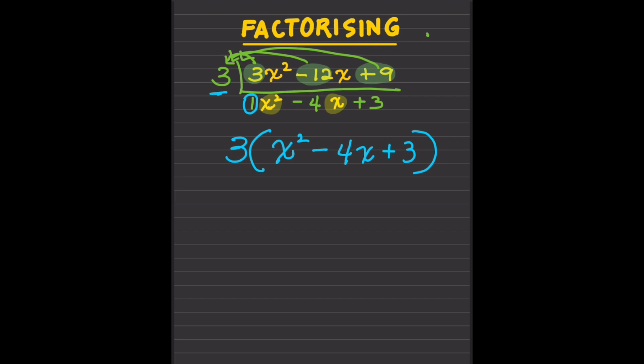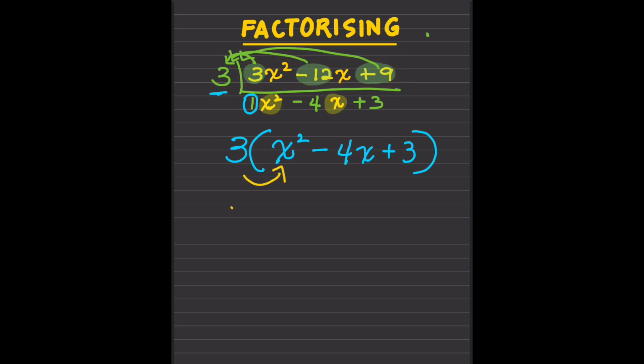Now, the beauty of this, after you factorize, you can check if your answer is correct. How? By expanding. Okay? So you need to expand this to see if your answer is correct. If you expand it, it needs to be the same as this. Okay? So let's see if we are correct.